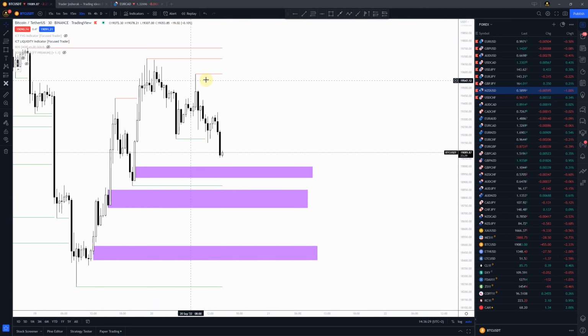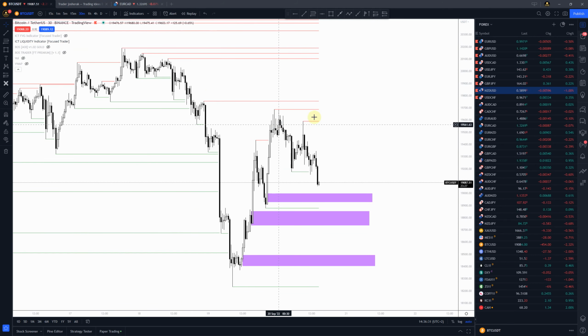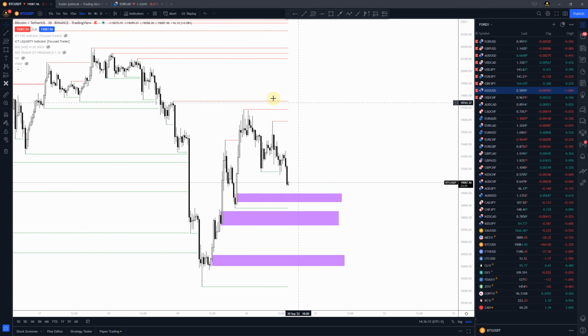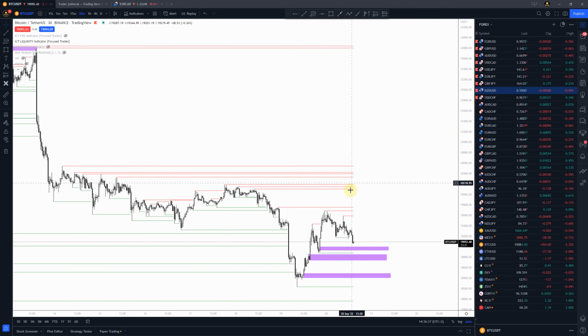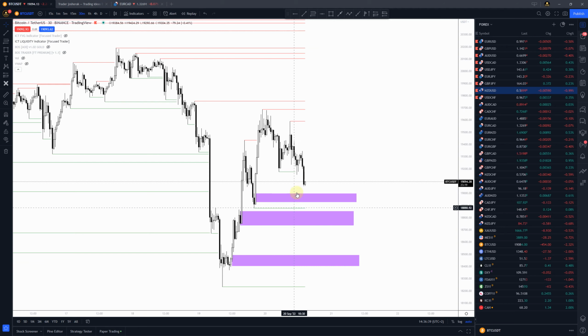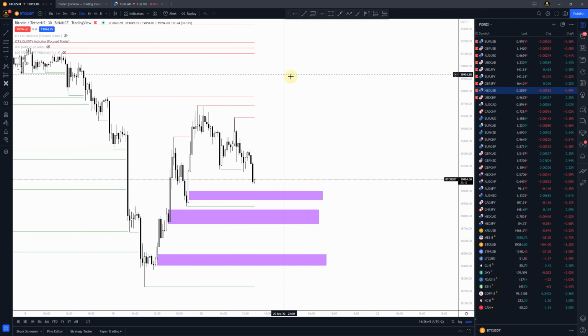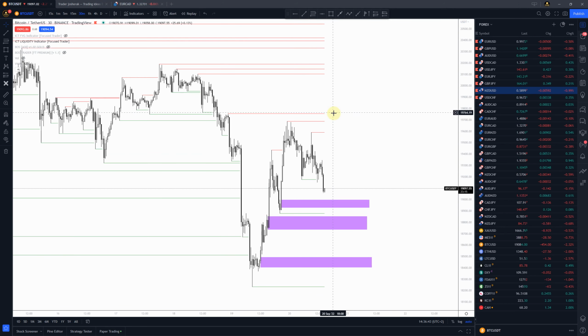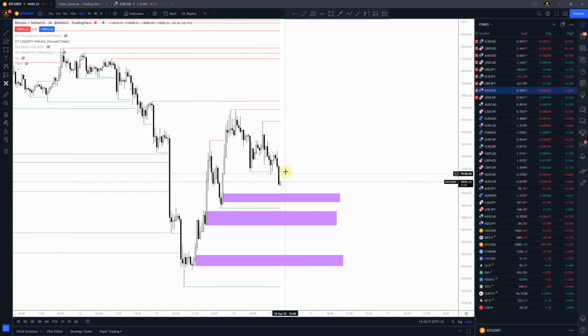So let's turn on liquidity, and you see that this area will be a target of a liquidity hunt, and also this one and this one. So if the price decides to go to the upside, then the idea is that it will have a tendency to grab these liquidities and then make some sort of reaction. So this is something that I'll be waiting for.